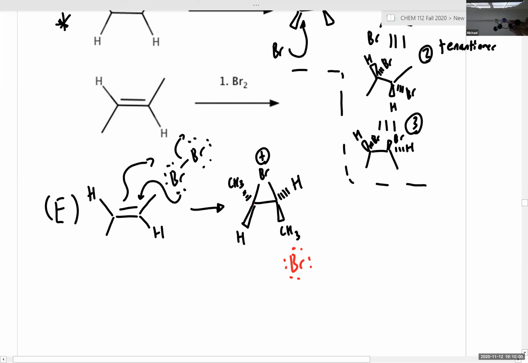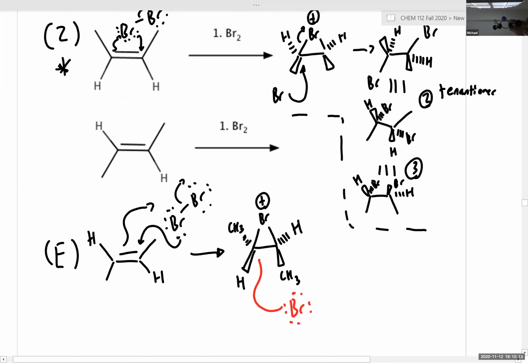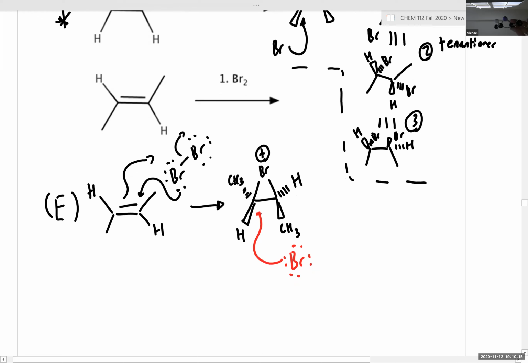Both positions are equally substituted. So we're just going to arbitrarily attack, for consistency, at the left carbon.